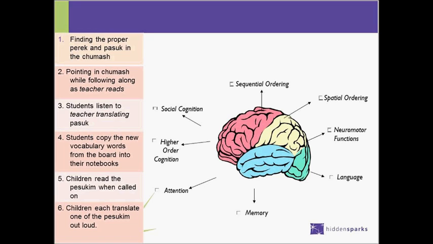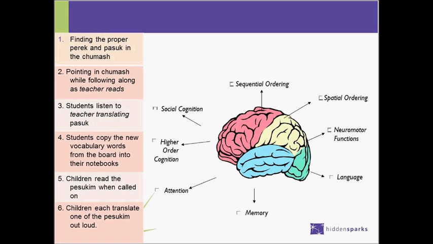That might enter spatial ordering even. Higher order cognition, okay, that's interesting. I wish I could hear from you what you mean by that. And how about sequential ordering? That the psukim go in a particular order, and we need to be able to follow that order.